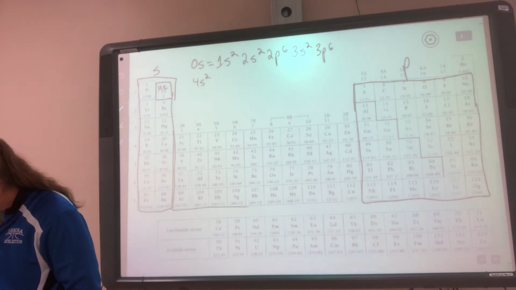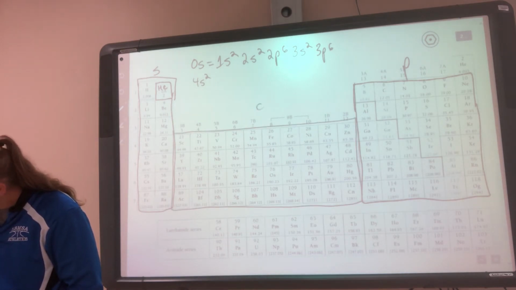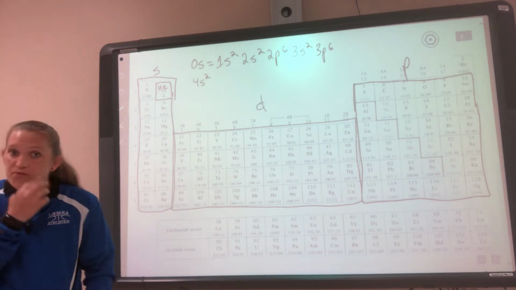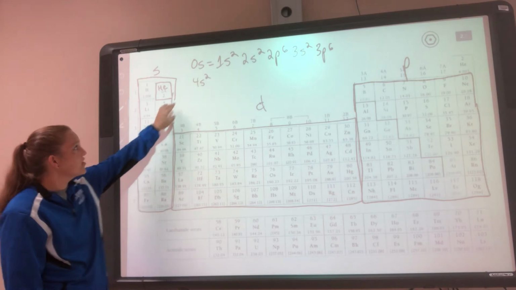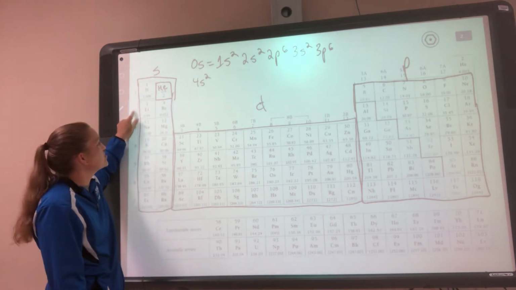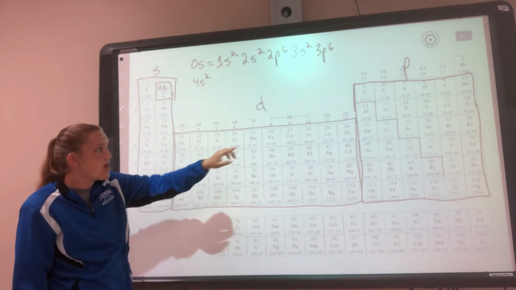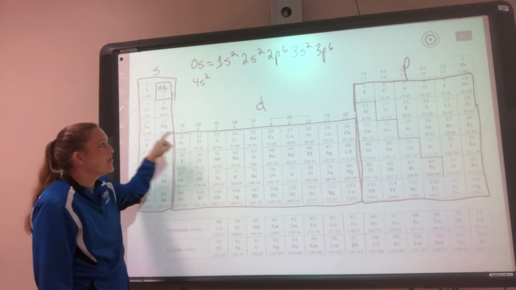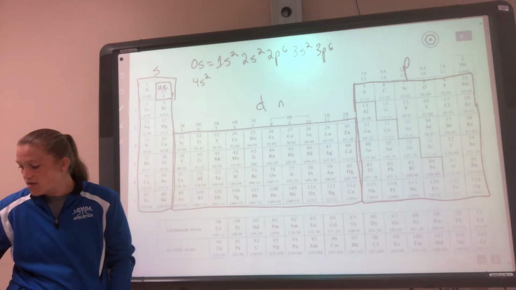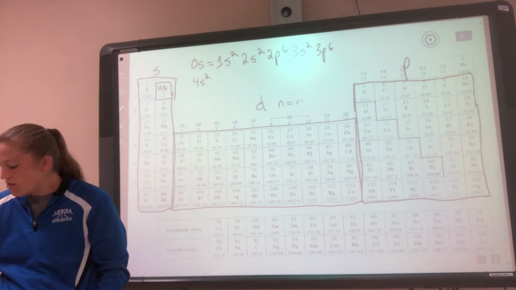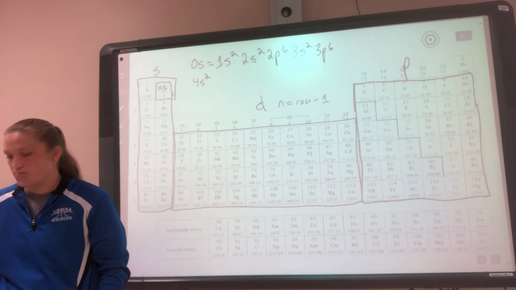This whole section is my d block. Now remember, the d block was special. For the s block, the n, which is the number that goes in front, matches the row. For the p block, the n matches the row. But for the d block, the n is the row minus 1.